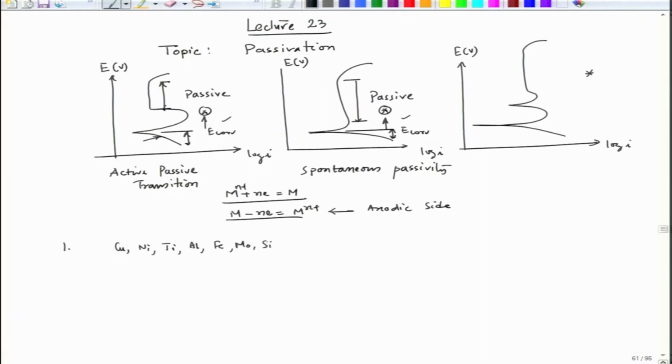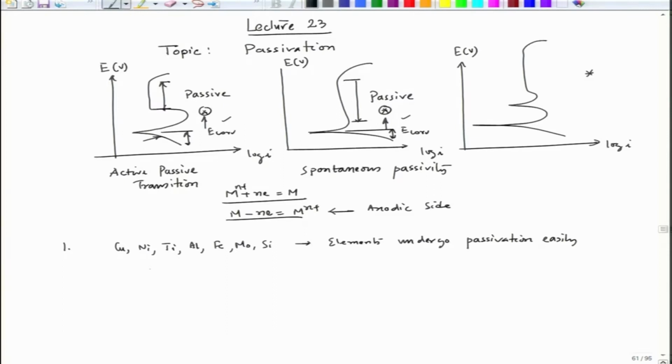These are the elements that provide passivation. Since these elements undergo passivation easily, if they are present in an alloy, ease of passivation in those alloys also becomes easy.